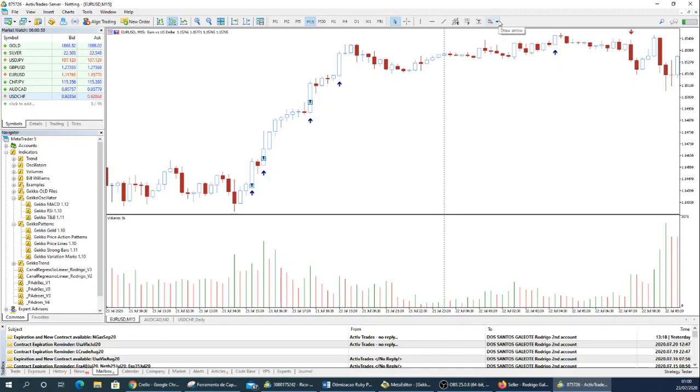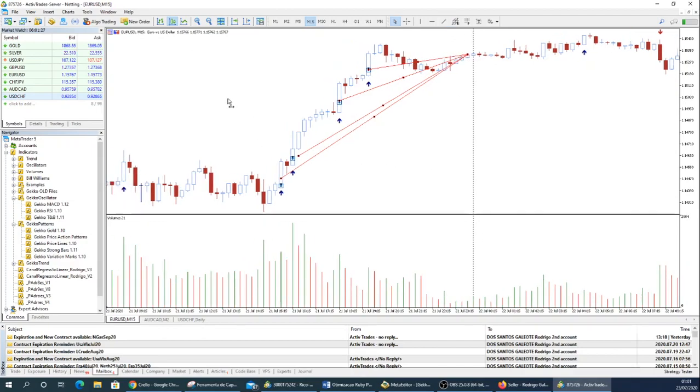And last but not least, you could have entered also here on the last strong bar. And if you take your position all the way until the end of the day, your day trade, these would be your profits, right? These would be your profits. Okay.